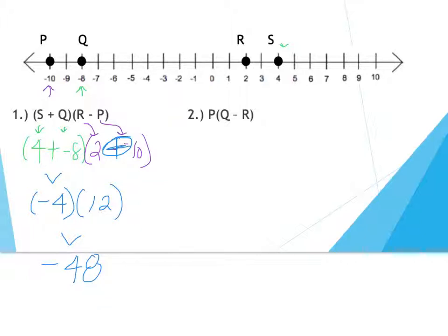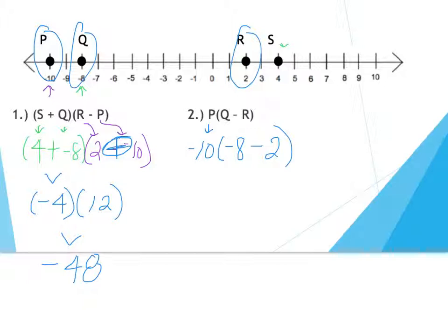All right, let's go over now number 2. Number 2 starts out with P, which is -10 up here. In parentheses, I have Q, which is -8, minus R, which is +2.